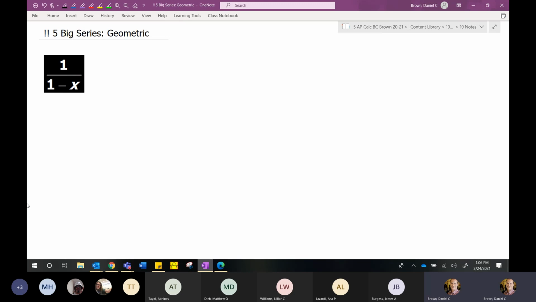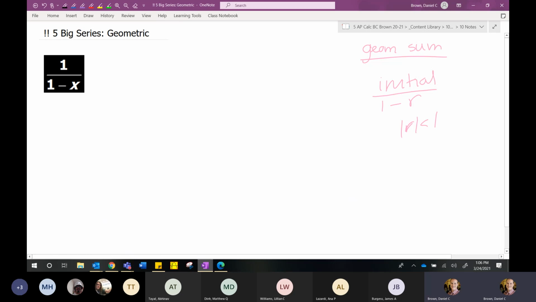It looks like the geometric sum. If you remember what we had on the quiz, when we were trying to find the sum of a geometric series, what was that formula? The initial term over 1 minus r, as long as, of course, the absolute value of r was less than 1.